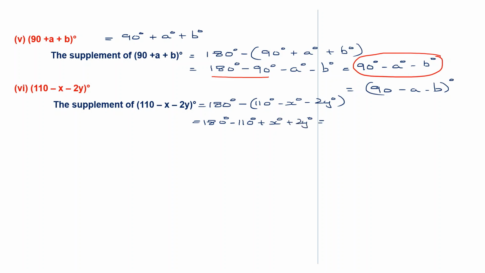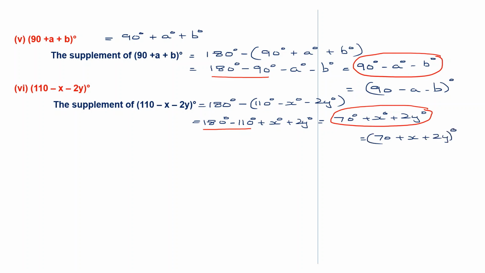Now let's work on the numbers. 180 minus 110 will be 70 degrees plus x degrees plus 2y degrees. So this is our answer, and we can also write it as 70 plus x plus 2y, the whole thing in brackets, and then you put the degree outside.